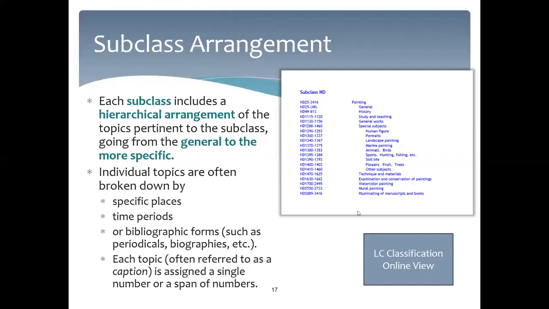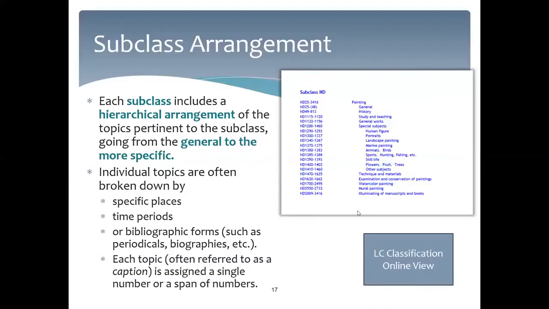Each subclass, I already talked a little bit about this, includes a hierarchical arrangement of the topics pertinent to the subclass, and it goes from general to more specific most of the time. Individual topics are often broken down by specific places, time periods, bibliographic forms, such as periodicals, biographies, etc. And each topic, also referred to as a caption, is assigned a single number or a span of numbers.